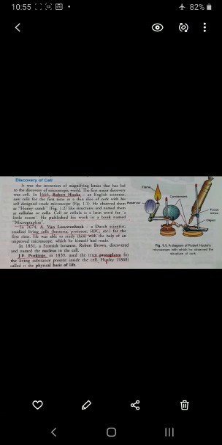First of all, the cell was discovered by Robert Hooke in 1665. He was an English scientist and he saw the cell in a thin slice of cork, using a self-designed crude microscope.